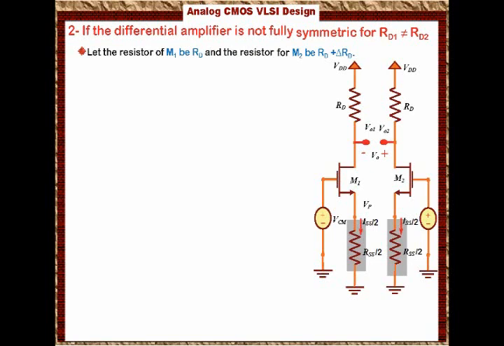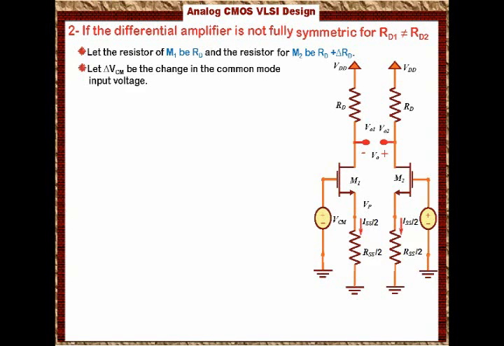Note that the voltage at the source of each transistor will be Vp, and the current going through the bottom resistor of each half circuit is ISS over 2. So that's why when we break the circuit into two half circuits, we get the resistance to be twice as much, because the current through each half circuit is half as much.